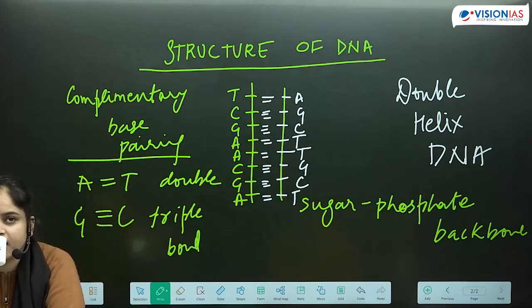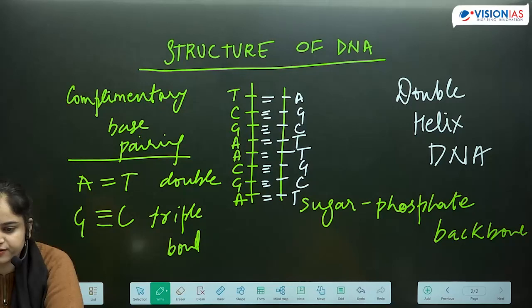The two strands of DNA are formed of a sugar and phosphate backbone.